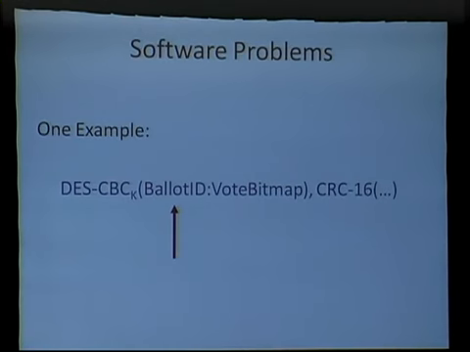Second problem is this ballot ID. One of the requirements in a voting machine like this is that it maintained the secrecy of the ballot so that people can't find out how you voted. Diebold assigns a ballot ID to each vote.